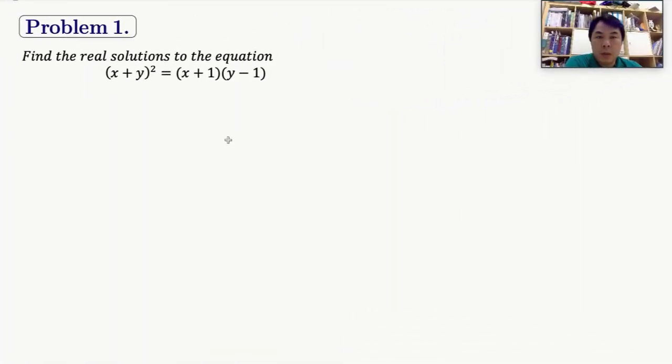Next problem. As I mentioned before, there's an alternative method to solve this, which was suggested by one of the mathematicians. Now I'll try to show that alternative method here. In this case, we let u equal to x + 1, and then let v equal to y − 1.